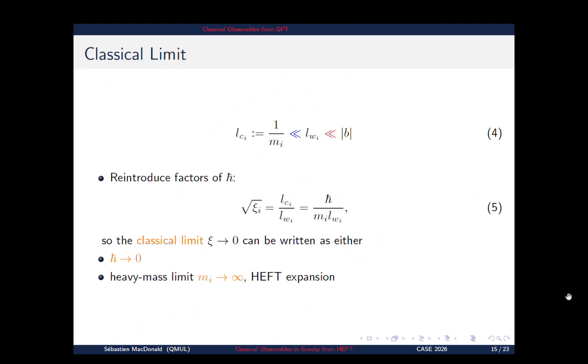This thing is very small, and happens to depend on h bar and the mass. So for classical scattering, the classical limit is basically the first inequality, which can be written as this ratio tending to 0. This classical limit can be taken by either setting h bar to 0 or the mass to infinity. And we're going to use the latter for our heavy mass expansion.